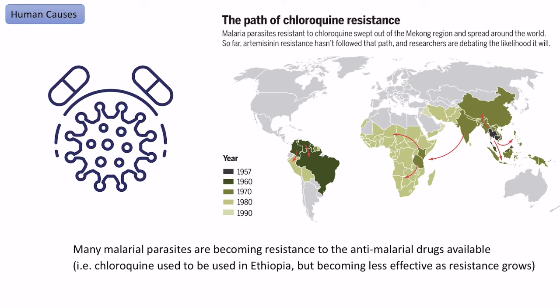That means people are still catching malaria, because we haven't had any major malarial breakthroughs in the last 20, 30, 40 years, even though there is a vaccine being proposed at the moment which could change that for the future. But because these drugs don't work as well, more people are likely to get it.